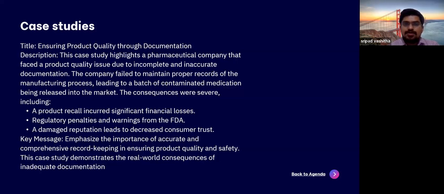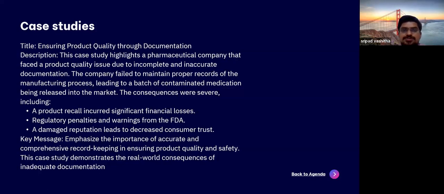Obviously, if you are releasing a substandard batch, your name is going to be spoiled in the market, right? A product recall is what is going to happen first. The regulator will be penalizing the company. Damage to reputation is for sure, right?